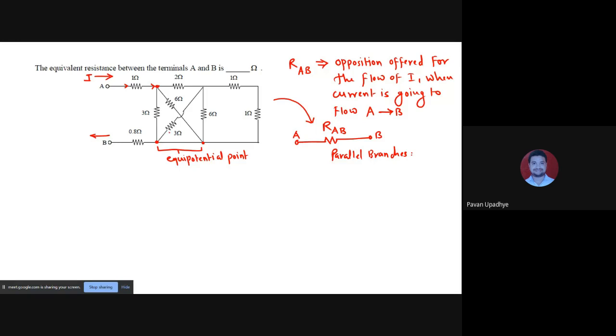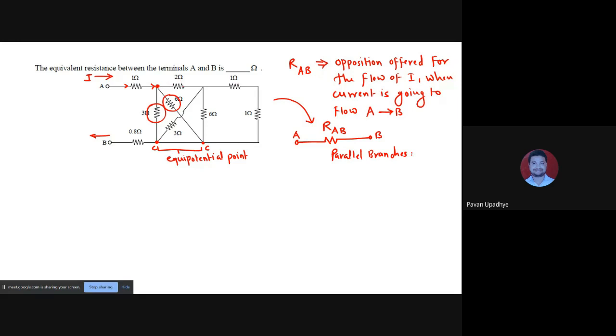So it is as good as, let us call this point C, then this point is also C. In that case, we can conclude that 3 ohm and 6 ohm are the two resistances which have their starting terminals connected together as well as finishing terminals connected together. It means 3 and 6 are in parallel. This is confirmed.